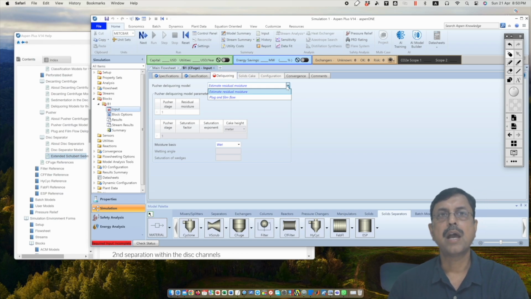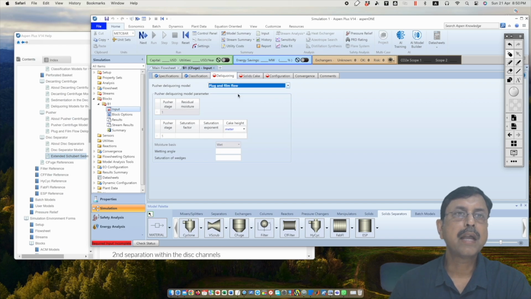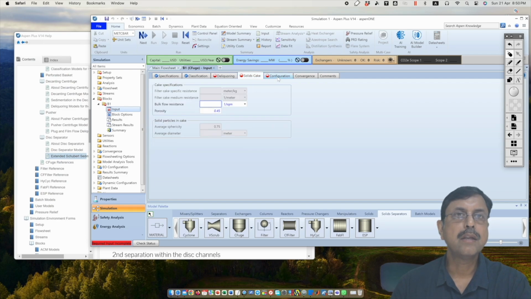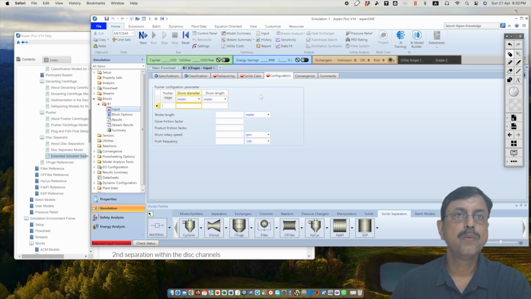I mean, you can ask Aspen Plus to estimate the residual moisture, or you can use the plug and film flow model. So what is plug and film flow model? You can find in the help file. The moment you choose this plug and film flow model, the solid cake and configuration will be open for you.